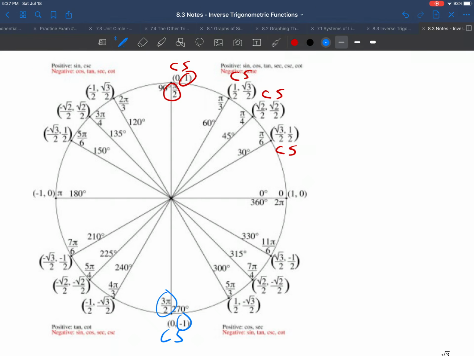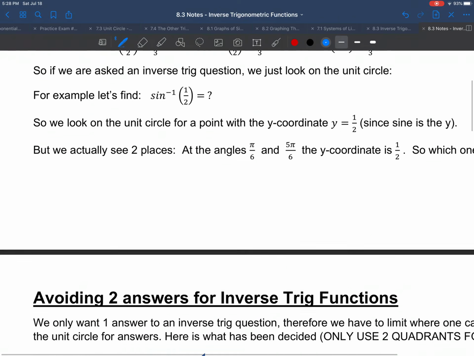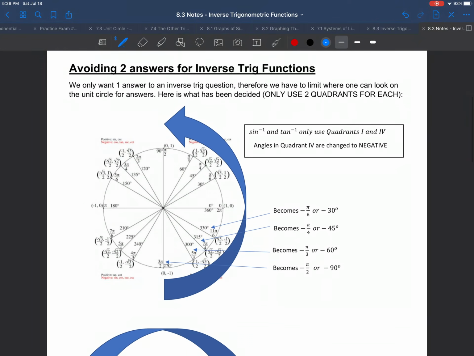But hold on. Here's where things get a little weird. All the angles here in this fourth quadrant, for the inverse trig functions, they're going to make us say them as negative. Let me show you. Here's a nice diagram of it. It's going to make us show them as negative. For inverse sine and inverse tangent, we can only use quadrants 1 and 4.